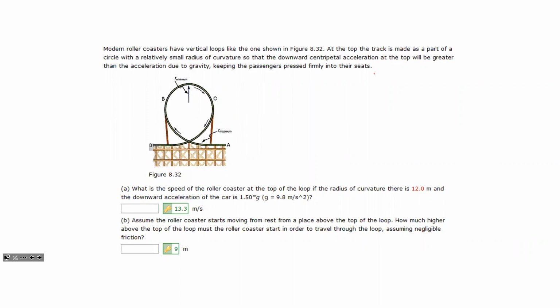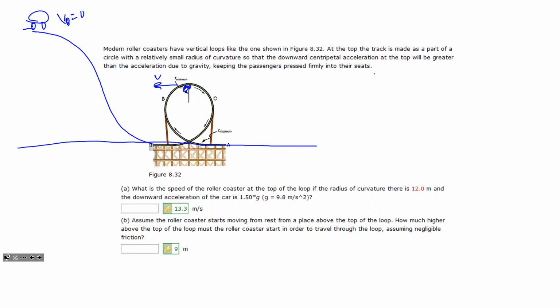What I know is it starts here from rest. So this is the initial situation. The initial speed is 0 and then it slides down. And here it travels through. That's the instantaneous velocity. And now this is identical to the problem just solved for the loop.